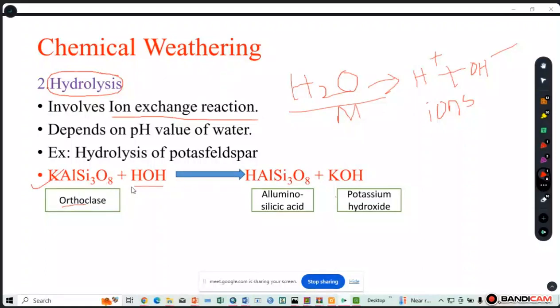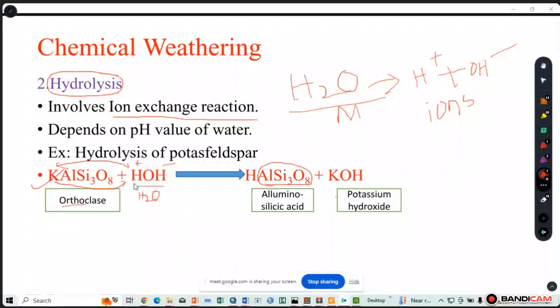When it comes in contact with water, the water breaks down into two parts, H plus and OH minus. So what happens? The orthoclase is converted into aluminosilicic acid. That means, look what is happening here, in the place of K, H plus comes in the place of K and K comes in the place of H.